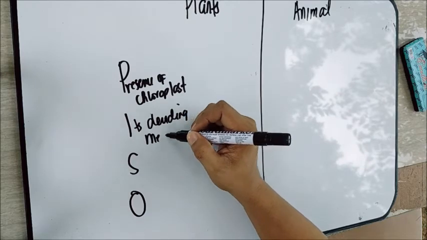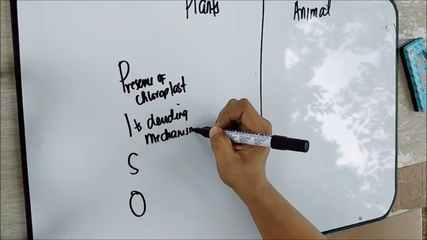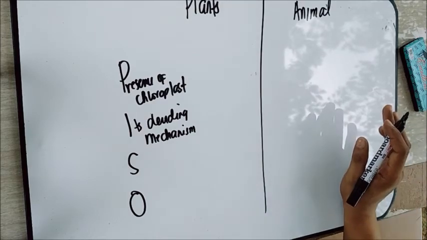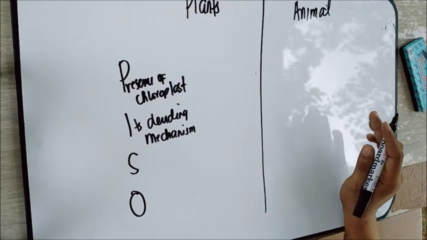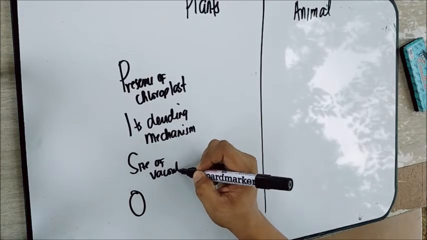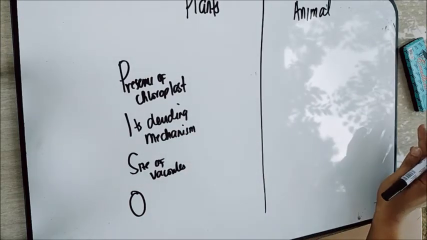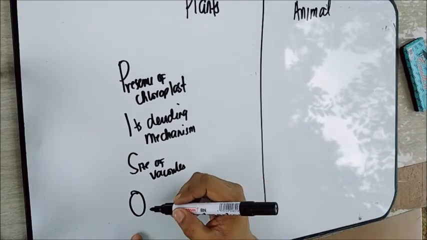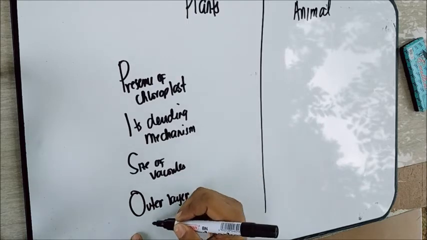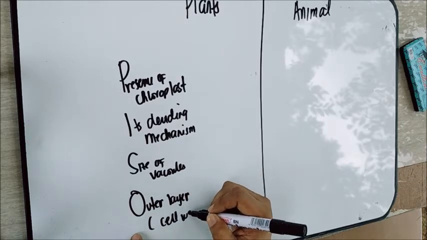What else? We can also differentiate them according to the size of vacuoles. And lastly, according to the outer layer, which is the cell wall.